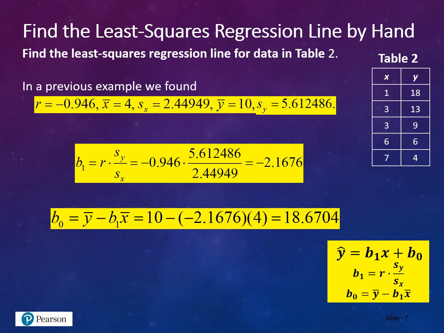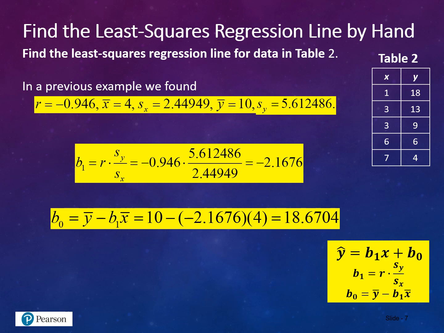Now we're able to solve for b sub 0, which is equal to the sample mean of the y variable minus b sub 1 times the sample mean of the x variable.